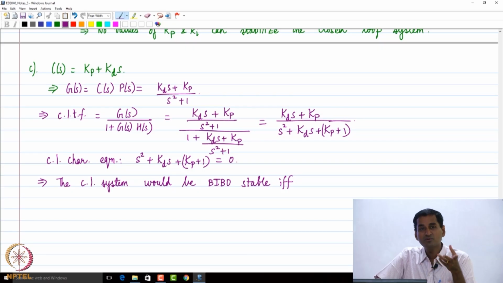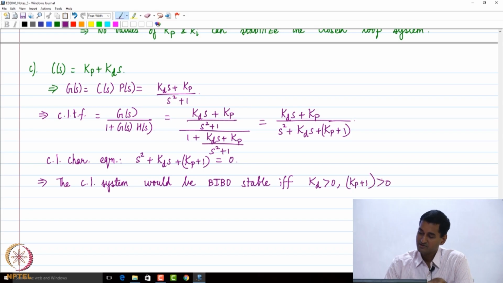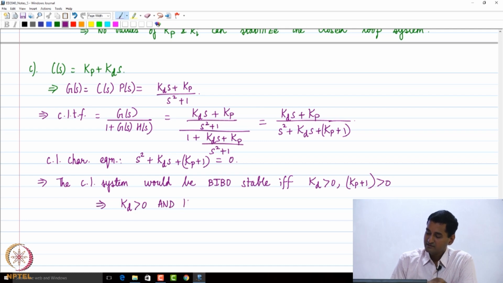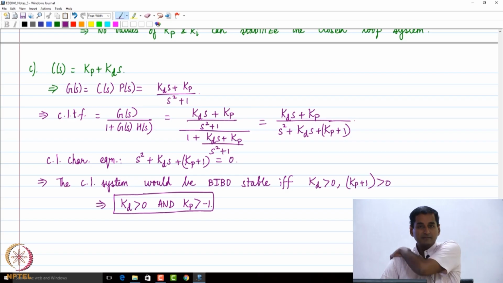The s squared term has coefficient plus 1, so already one coefficient is positive. So we must have Kd greater than 0 and Kp plus 1 greater than 0. This implies Kd greater than 0 and Kp greater than minus 1 is the feasible region for stability.